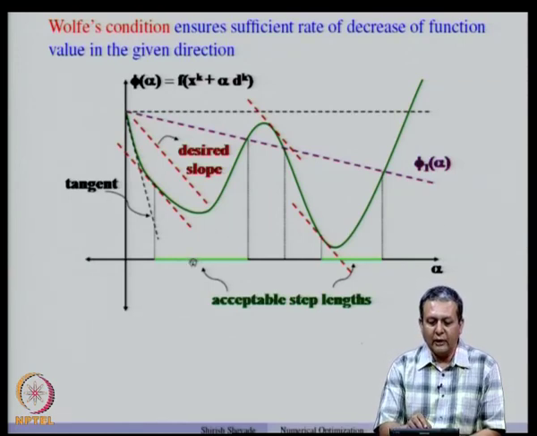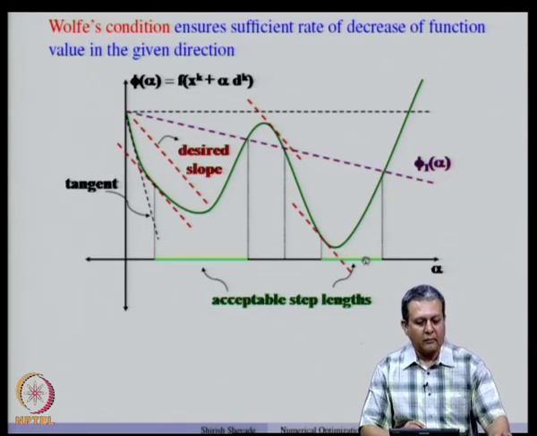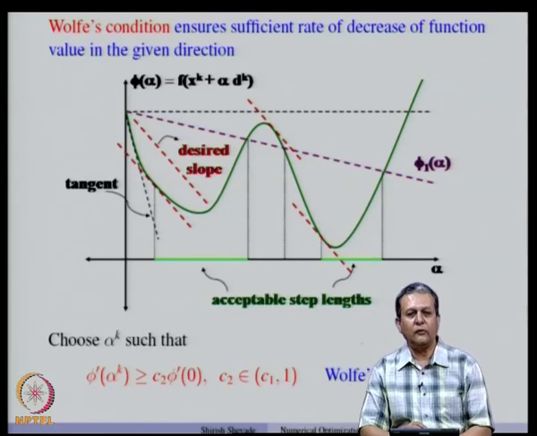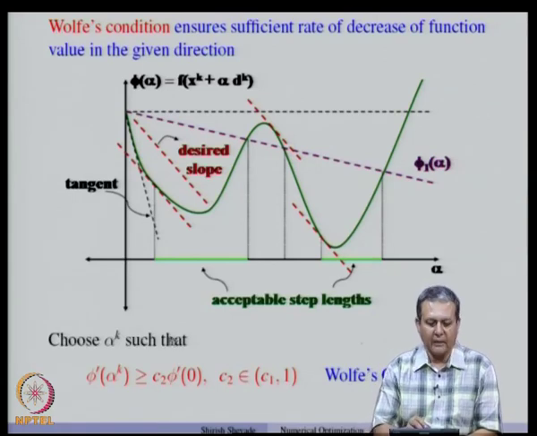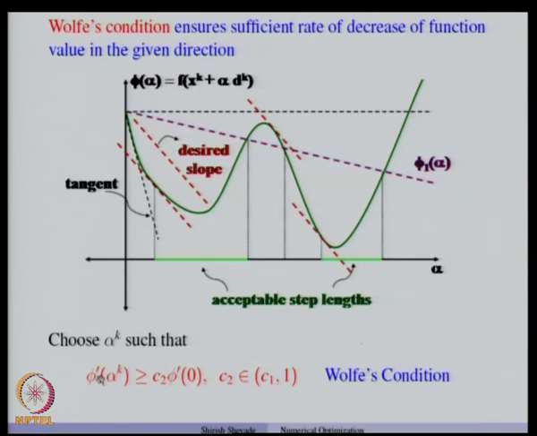So, if we use Armijo's conditions and Wolfe conditions, these are the acceptable step lengths, and formally Wolfe's condition says that choose alpha k such that the derivative of the function phi at alpha k is at least c 2 times the derivative of the function phi at 0, where c 2 is again a constant in the range c 1 to 1.